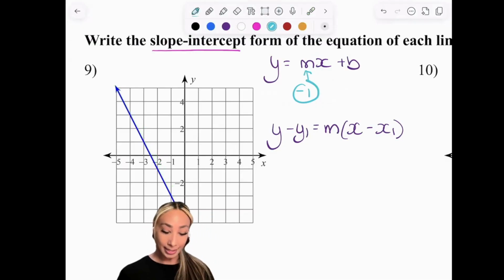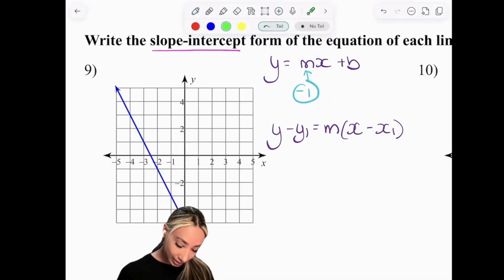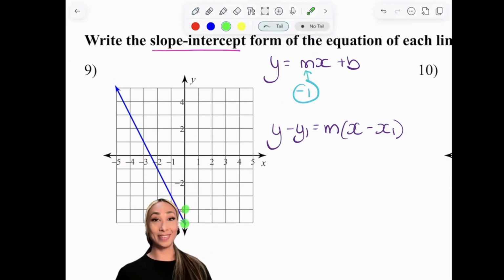Then the next thing is we have to figure out what B is. Now, as I said at the start of this video, B is the y-intercept. Now this y-intercept, they tried to trick us, but it's not going to work. We can see here's -4, and they didn't give us the value at the bottom there. That, of course, is -5, and we can see the line is about to intersect there.